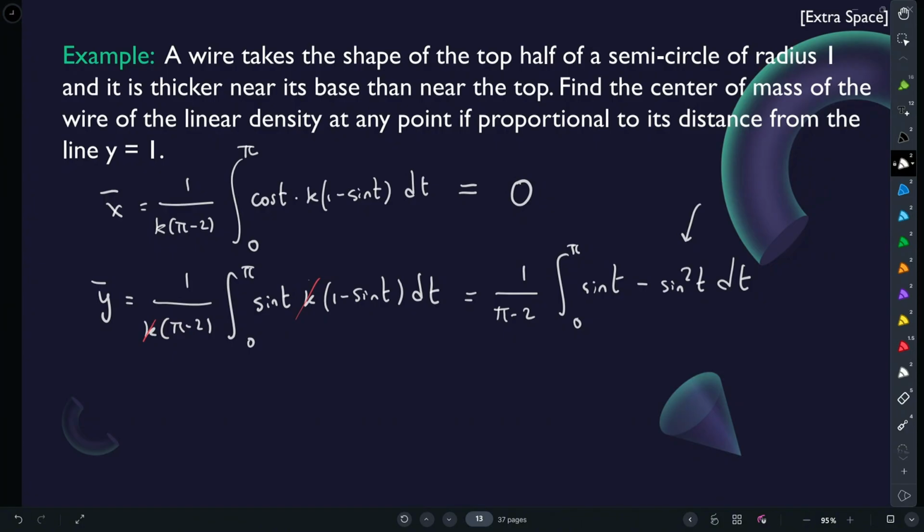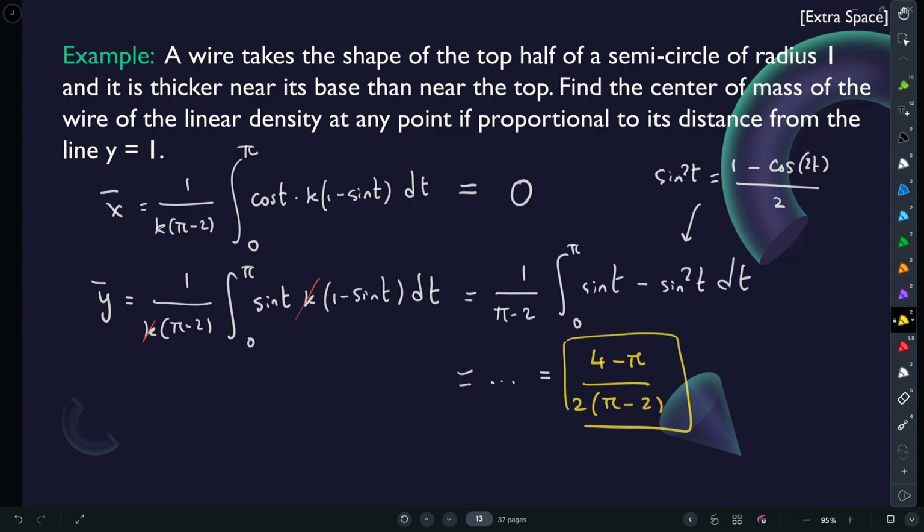For the integral of sine square of t, remember that sine square of t is 1 minus the cosine of 2t divided by 2, and that is immediate with a small u substitution. So you do this integral, and the answer is, at the end of the day, 4 minus pi divided by twice pi minus 2.